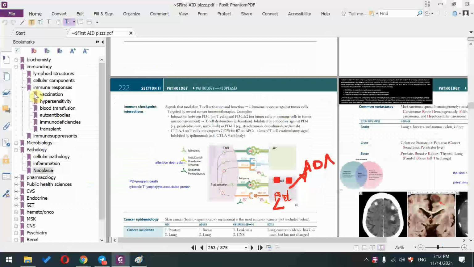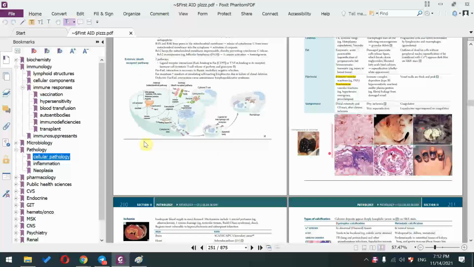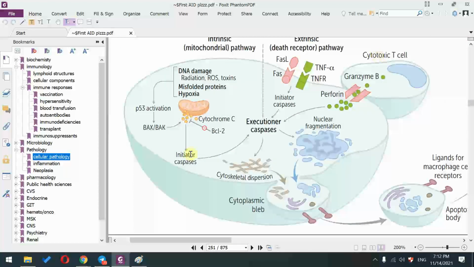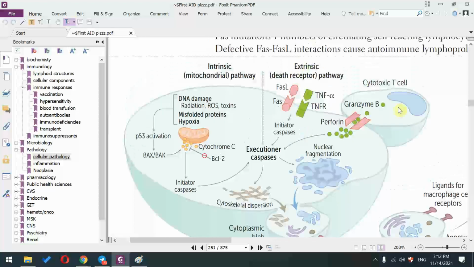If you remember in apoptosis in cell pathology, we spoke about the following. The cytotoxic T cells, this happy guy I'm drawing, had granzymes, which are like catalytic enzymes that can destroy the cells.